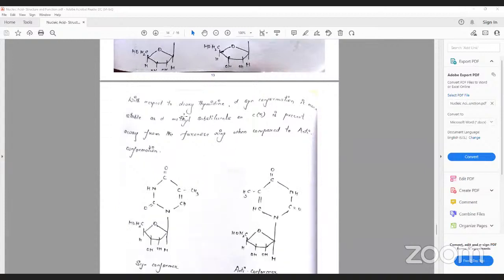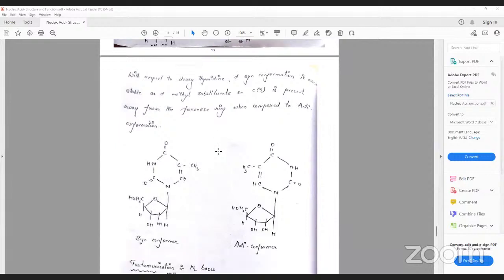Okay, but with respect to deoxy, as I said, most of the nucleotides are stable in the anti form, except for thymine. Why it is stable in the syn conformer is because of the methyl group. In the anti conformer, the methyl group can cause steric hindrance.